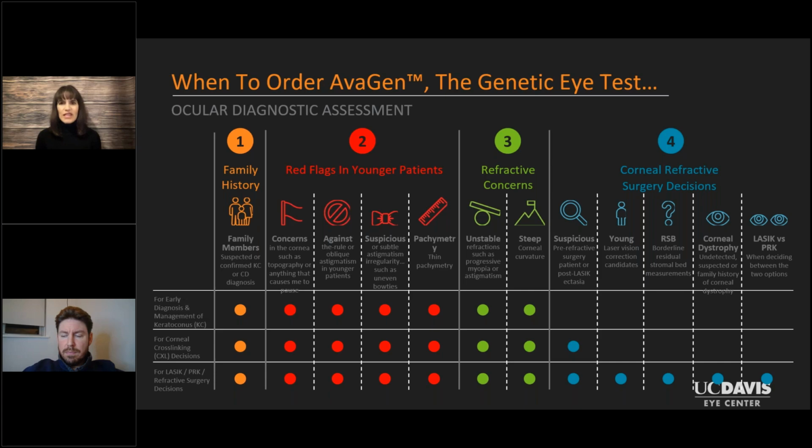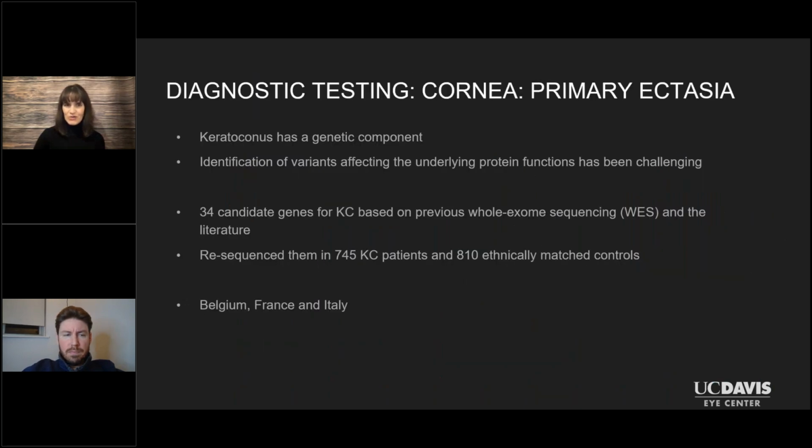And then those prior to refractive surgery that might be suspect for keratoconus, have a family history, have other conditions associated with keratoconus, or an increase in astigmatism, it's a helpful tool that can be used there as well.